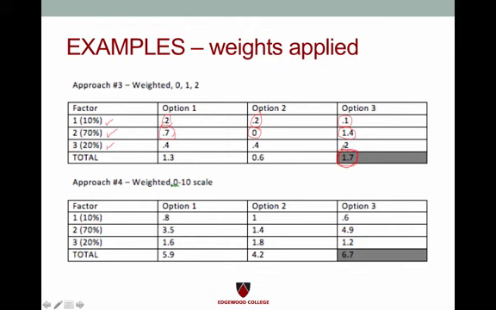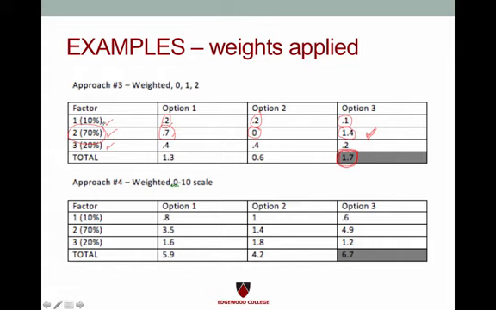Much more significant than the other ones. And the reason for that is because of this 1.4 scoring here, because this weighting factor of 70% was so high. So here you can see that if we have a weighting factor and there's a significant difference between how important one factor is to the others, it can significantly change the final results.